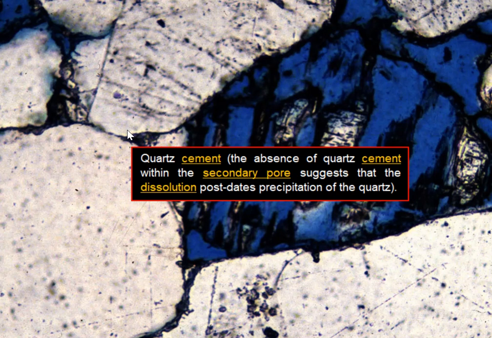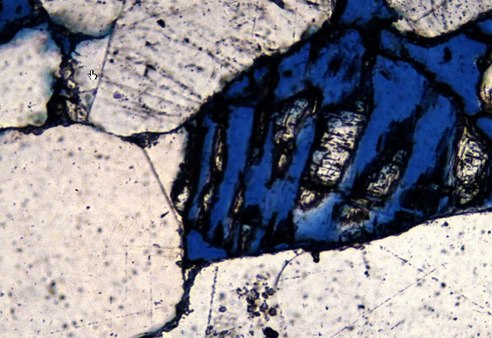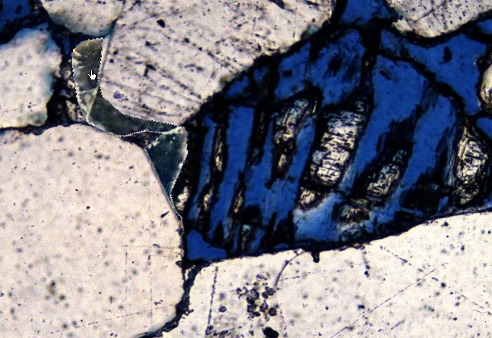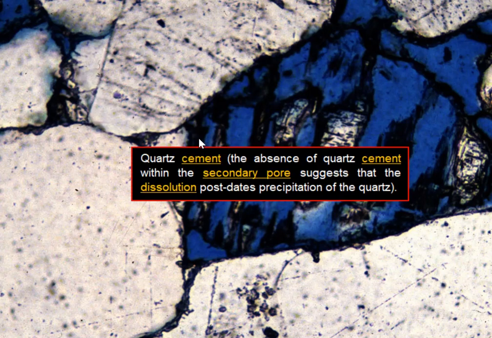Okay, let me make sure we see where that's happening. Quartz cement, we're getting quartz cement filling the primary pore. There it is. Now, the quartz cement is filling the primary pore, but I want you to notice something. See how this patch cuts across here.